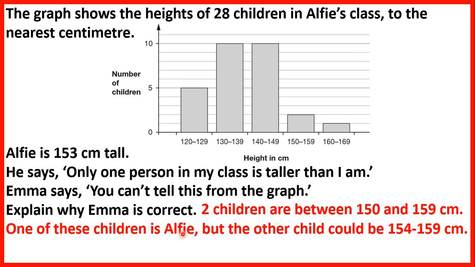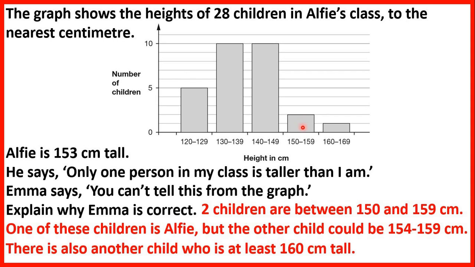One of these children is Alfie, because he's 153, but the other child could be 154 to 159, so could be taller than Alfie, but still part of this bar.